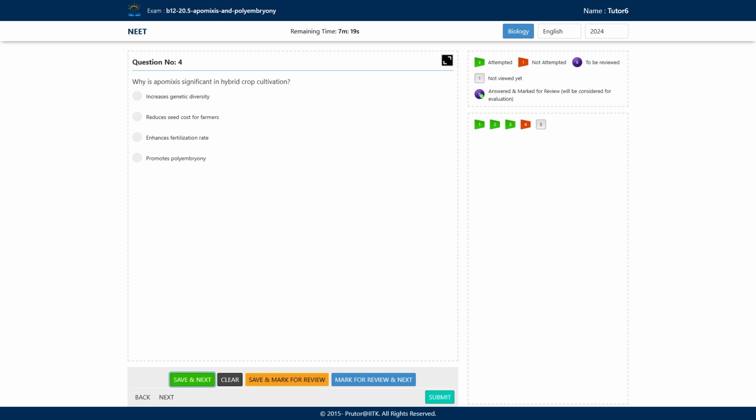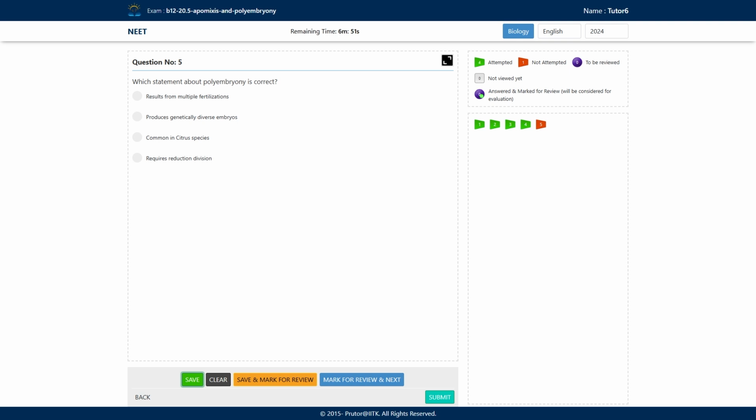To develop the hybrid varieties, right? Because it reduces the cost, since every time you don't have to go and produce a hybrid seed. Apomictic seeds can lead to the production of a larger number of those hybrid seeds. So we will opt for option B, and we'll move to our last question of this DPP.